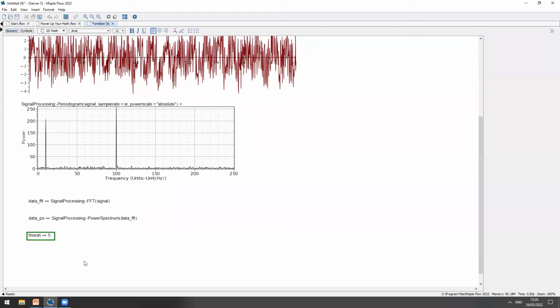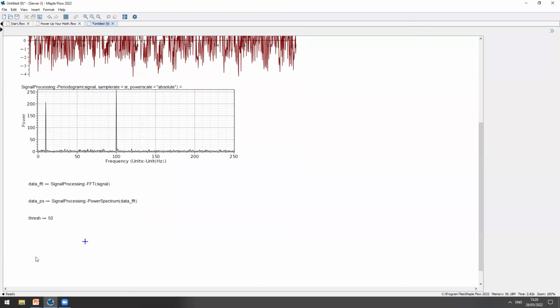We'll need to define a threshold value. So we're going to remove anything below a power of 50. So let's create that filtered FFT data. So it's a vector with n values.